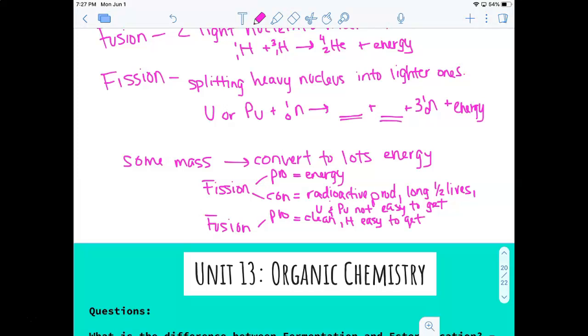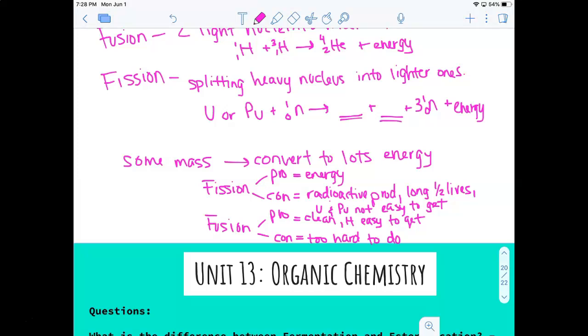So it's like, well, why don't we use fusion instead of fission if it's so much better? The big con is that it's too hard to do. If you want to take two nuclei and put them together, think about trying to push together two positive ends of a magnet.